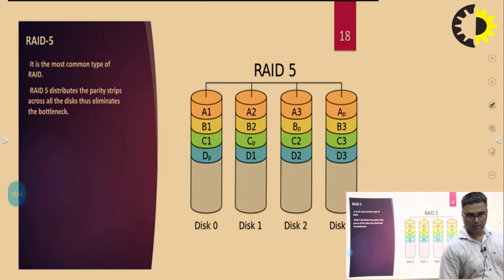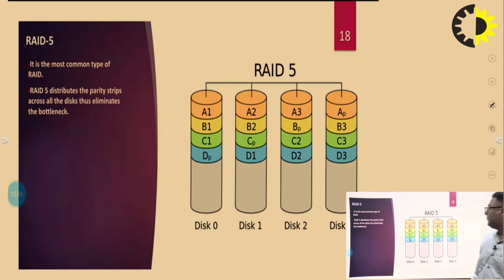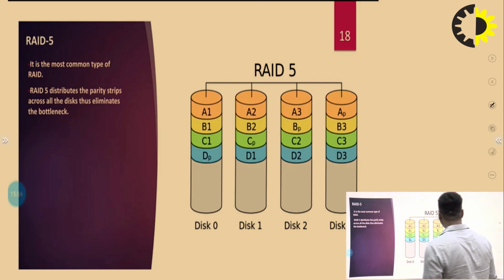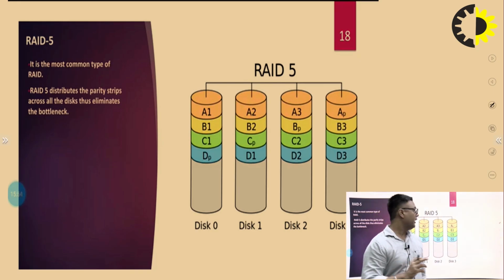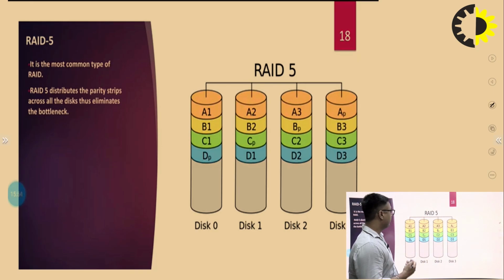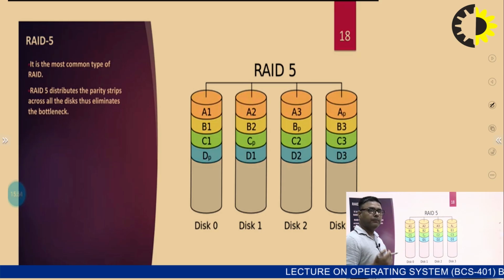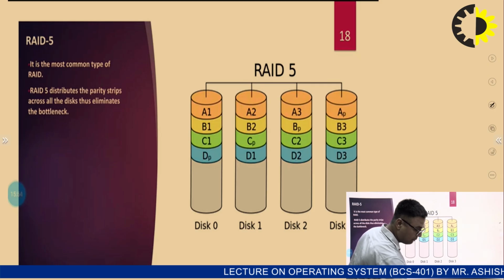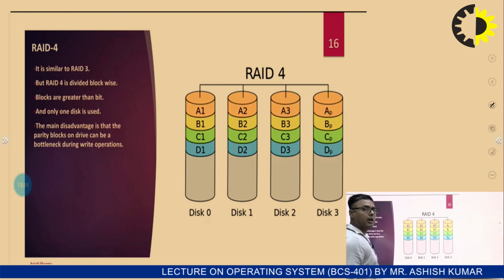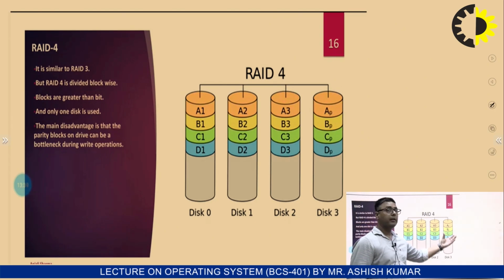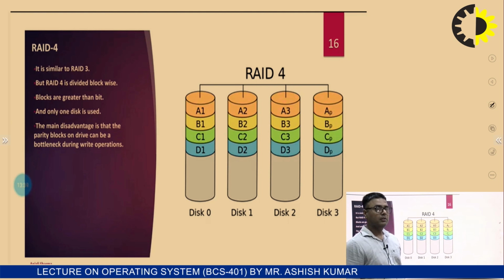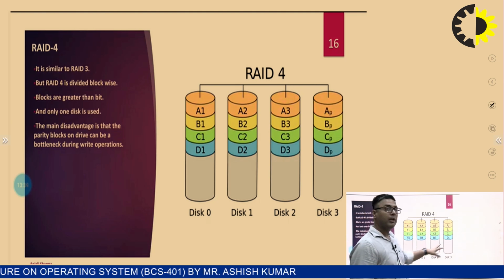Next is RAID 5. In RAID 5, the parity data is stored on different disks. In the previous slides, there was one problem: if the parity disk crashed, no parity value was available.